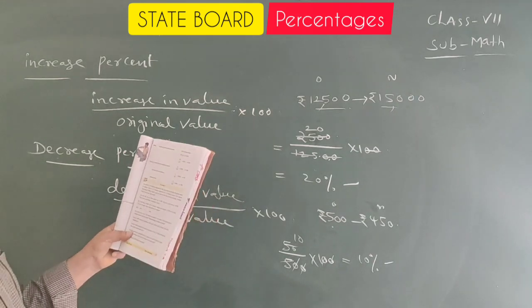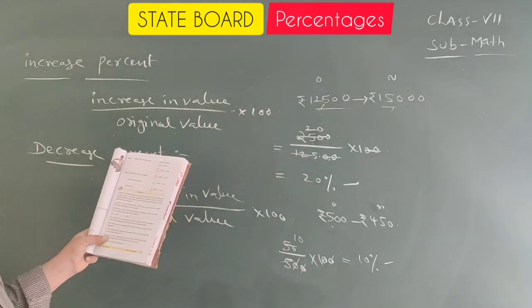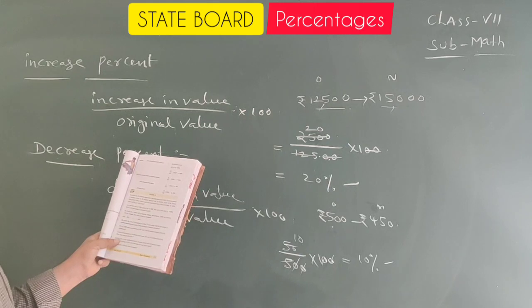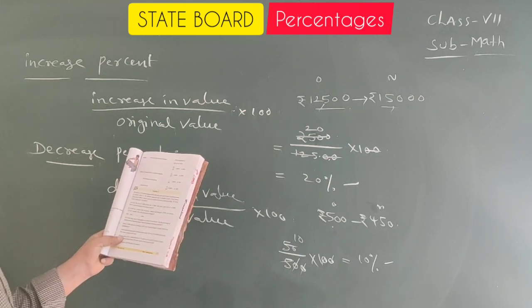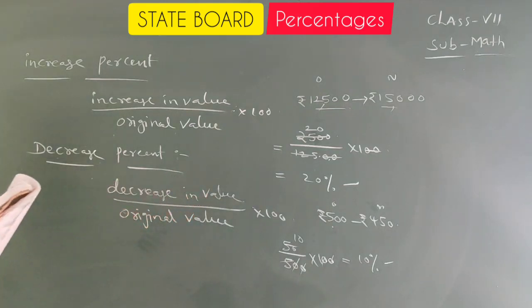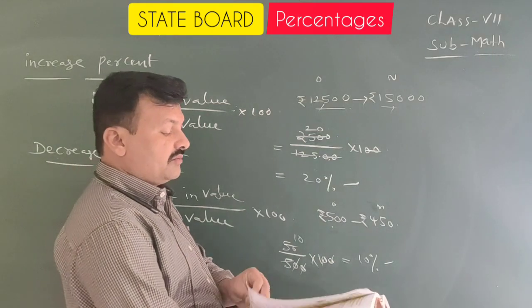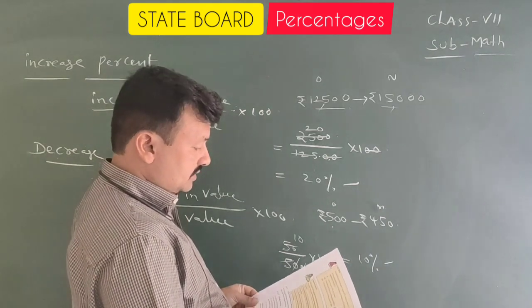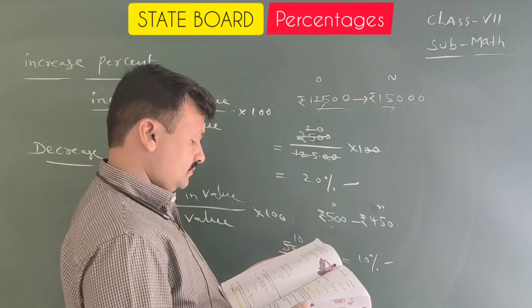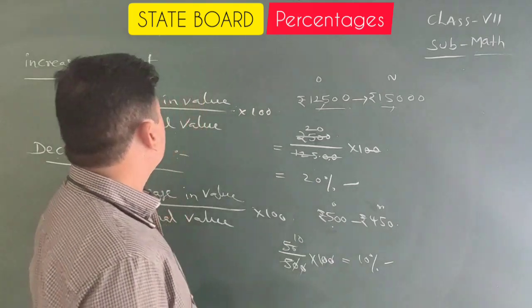Next, in a constituency with 12,000 voters, 60% voted. Find the number of people who voted in the constituency. It is 60% of 12,000 that you need to find. Like these problems, if they ask, we can do them easily.